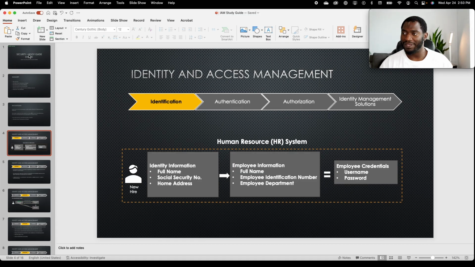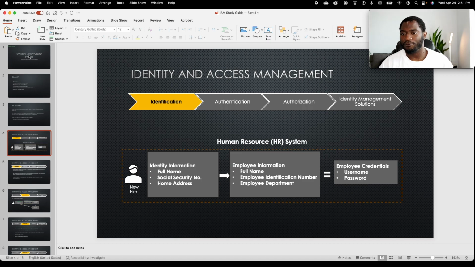Now, you provided your full name, your social security number, and your home address. And the organization goes through a process to register you within the HR system of record. The HR system of record is how you get paid and how you request time off and any other ability or activity that has to do with the HR process.